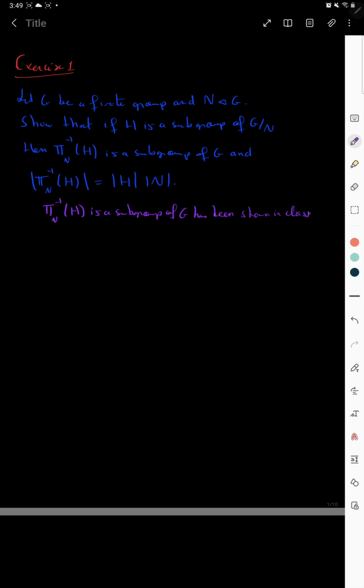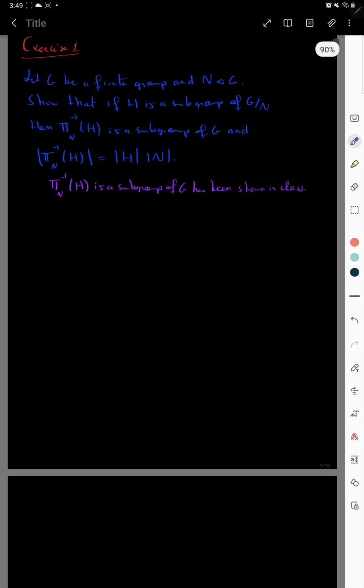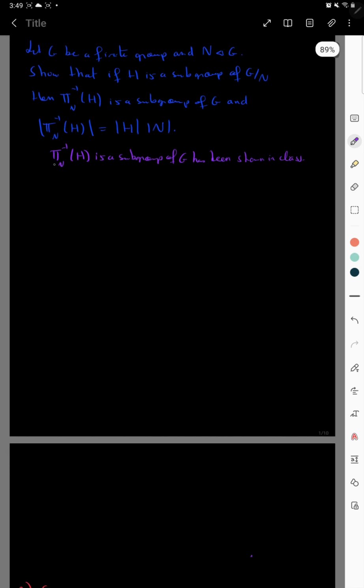The inverse image of a subgroup is a subgroup under any homomorphism, not necessarily pi_N. And we will need that detail since the coset N is a subset of H, which is a subset of G mod N. Then N, which is the kernel of pi, is a subset of pi_N inverse of H.